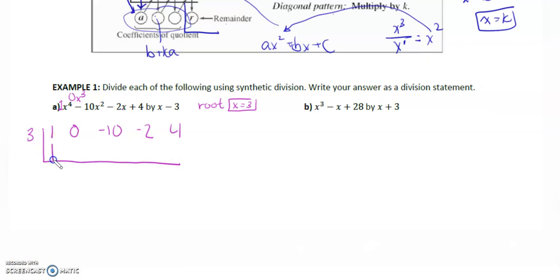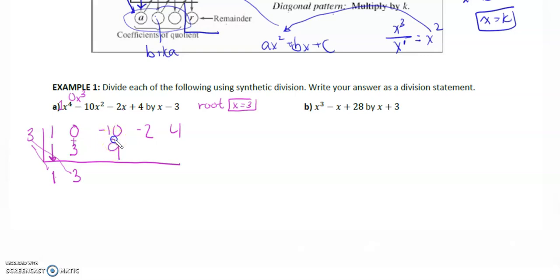No matter what, the first number you just bring down. Now, 3 times 1 equals 3, and add them. 0 plus 3 is 3. So multiply diagonally, and then add down. 3 times 3 is 9. Add these two.